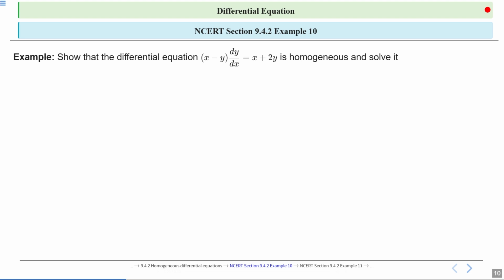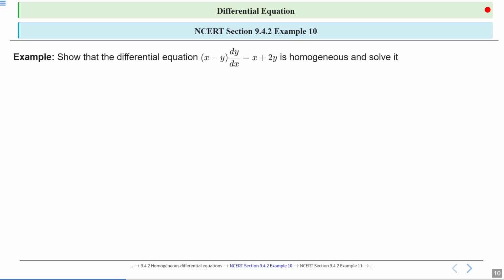Show that the differential equation (x minus y) dy by dx is equal to x plus 2y is homogeneous, and solve it. The first task is to show that this differential equation is homogeneous, and for that we have to check whether the function f(x, y) is a homogeneous function of degree 0 or not.